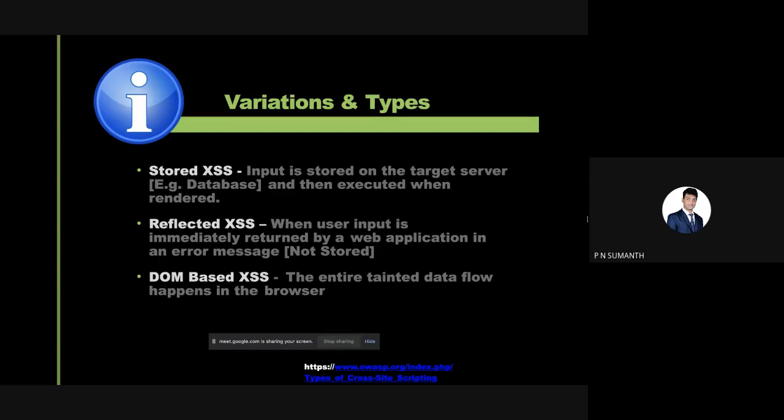And after that, reflected cross-site scripting. This attack occurs when the payload is stored in the data sent from the browser to the server. Sometimes the attacker, using his browser, connects to another browser and then sends the malicious code or the payload.